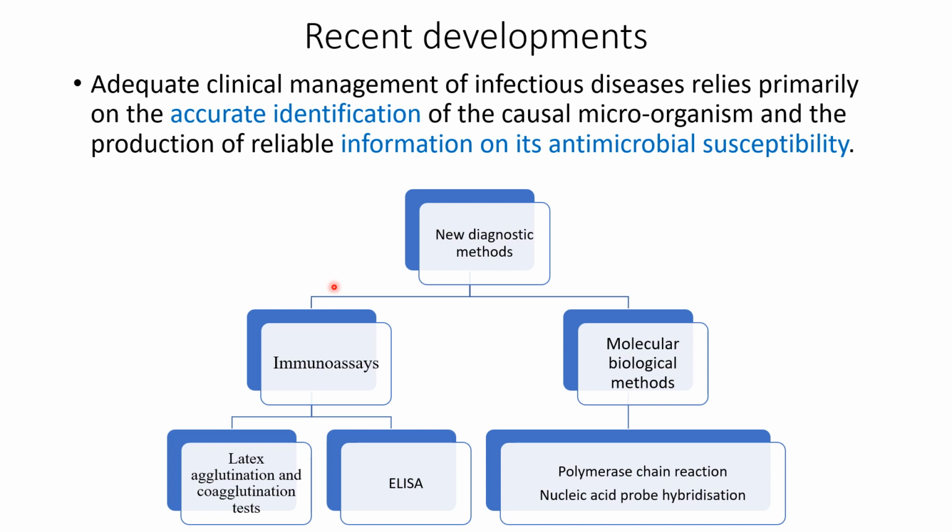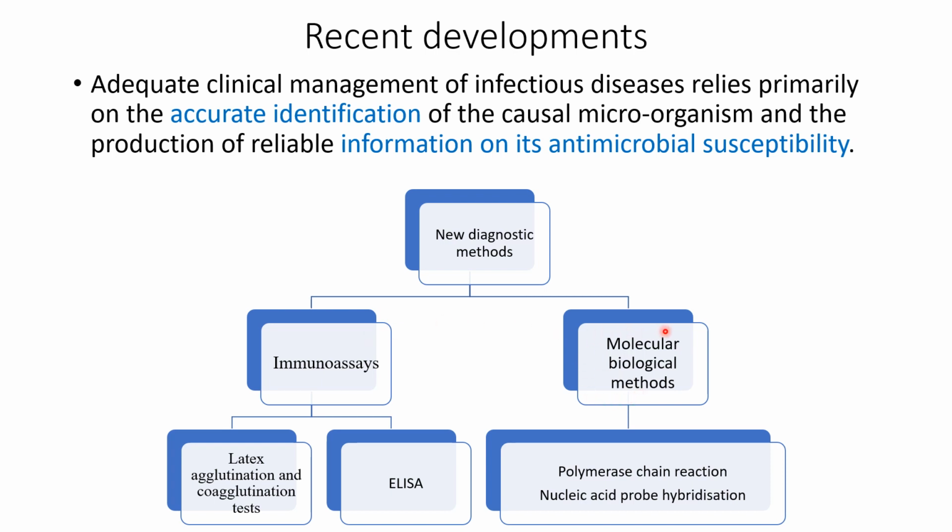In the diagnostic procedures, we have made two important inroads. One is by using specific molecules called antigens and antibodies that are present in the pathogens and in the human body. Second is using DNA or RNA for detecting the disease. So the new diagnostic methods rely on two things. As I said, one is on immune particles, either antibodies or antigens.